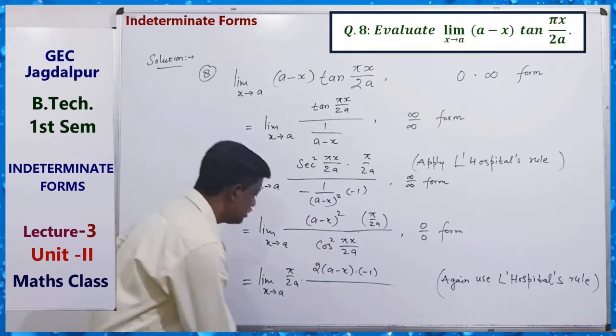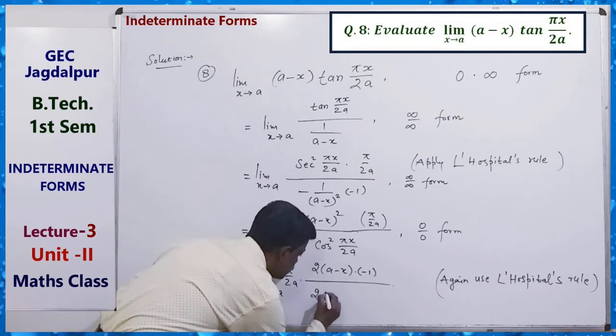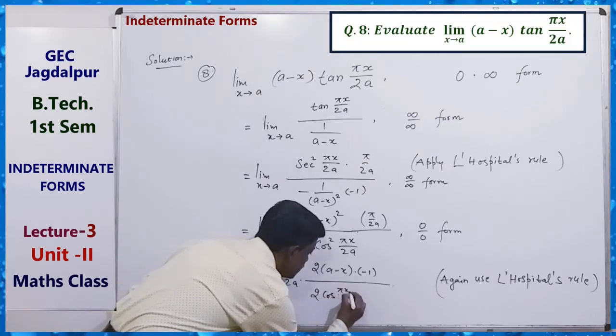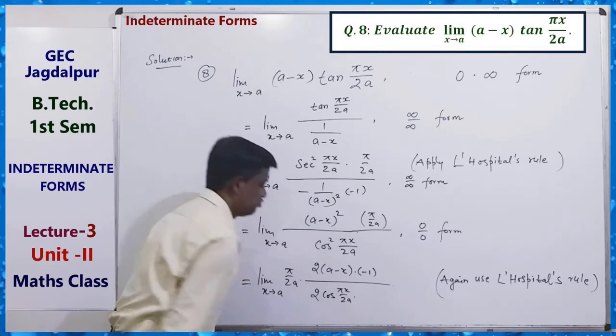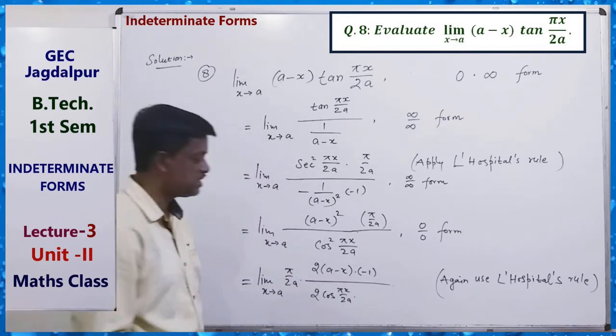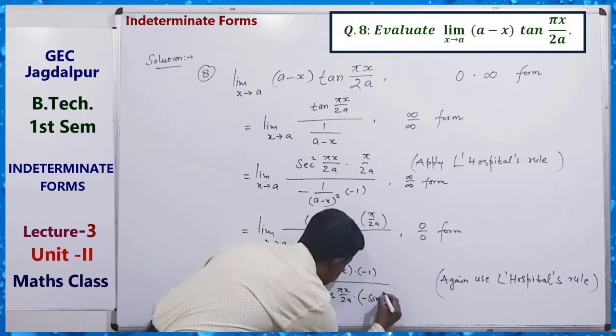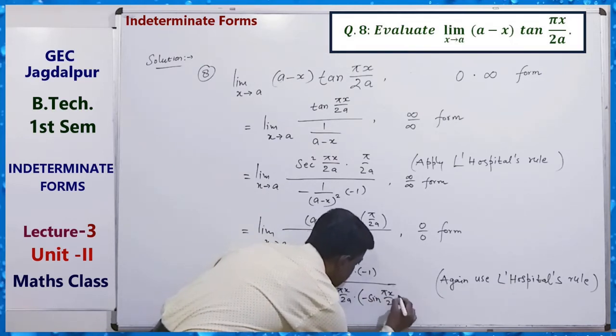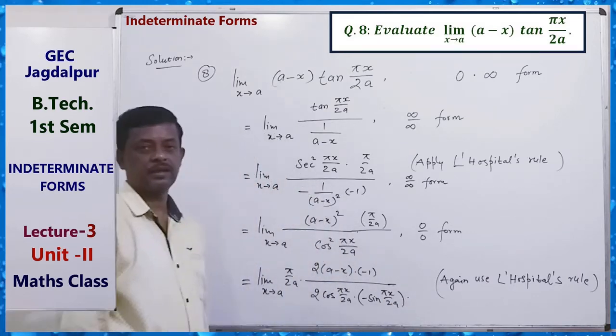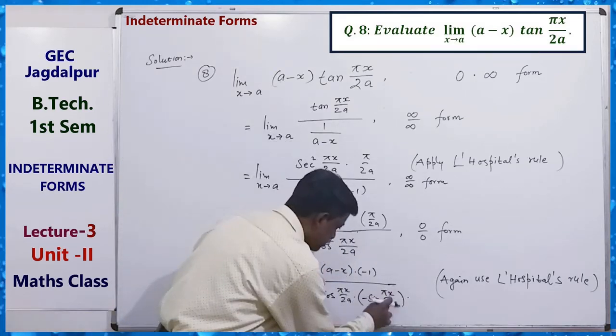This cos square, differentiation is 2 cos(pi x by 2a) into minus sin(pi x by 2a), and also pi by 2a.